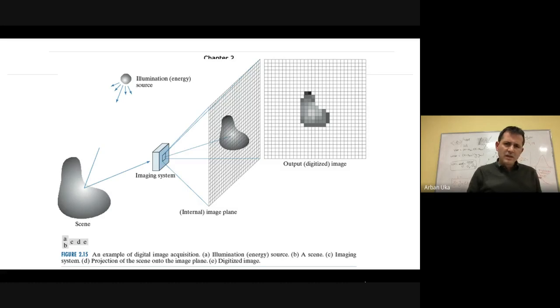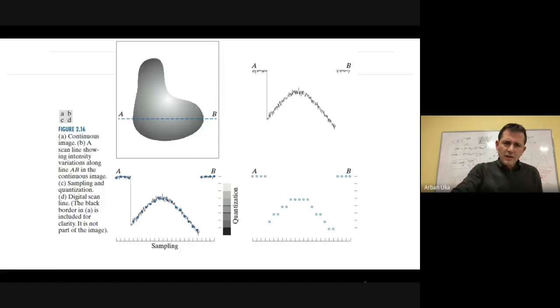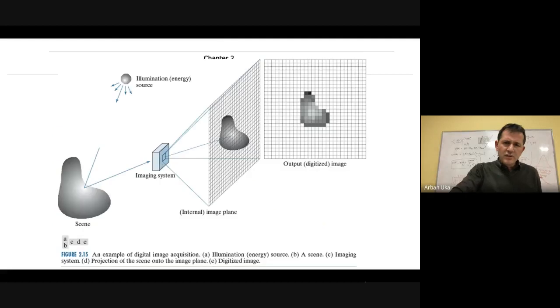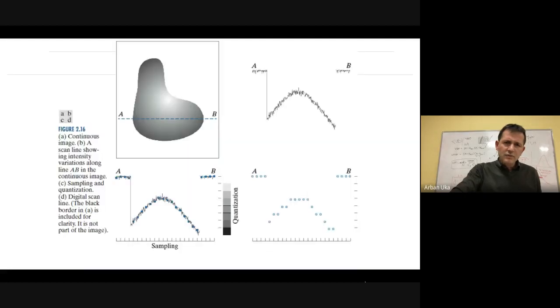Now these 2 graphs, these 2 slides are important because of what we can observe here. If we have a line between A and B, the background is apparently white.